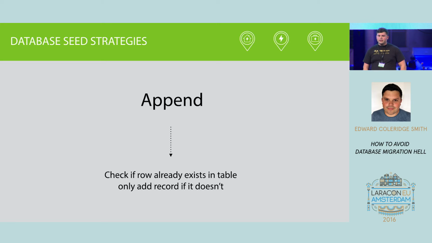Or you could use something that I call the append strategy, and this is good for database settings and things like that. What it would do is check to see what data is in the database table already, and if there's stuff in there that shouldn't be in there, then it'll delete it, and if there's stuff missing, then it will add the missing data. So it's a bit more delicate than truncating the table and then just reseeding it.